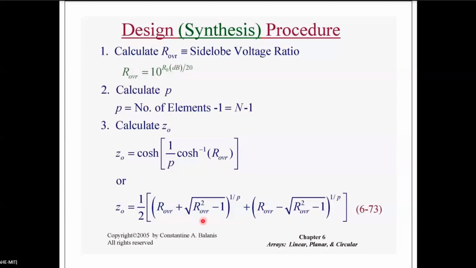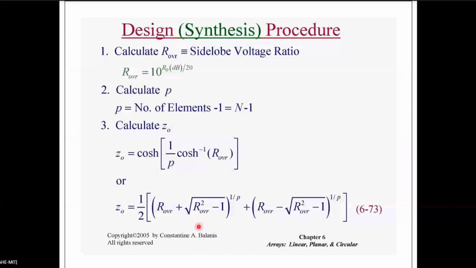Okay, next, fourth point. Substitute cos u is equal to z by z naught. In the array factor, substitute the expansion.